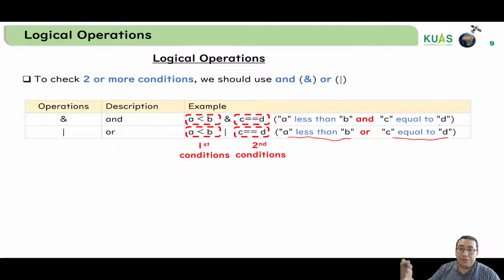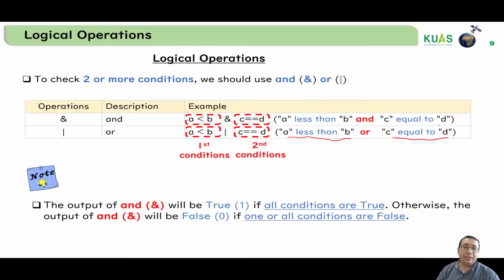Of course, there is a difference between AND and OR. How is that? Like this. In the case of AND, to have the true output, all the conditions should be true. So, for example, if we have two conditions, this should be true and this should be true to have the total output true. But if one or more is not true, the output will be not true, which means false.